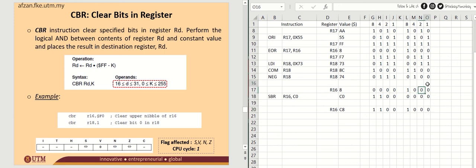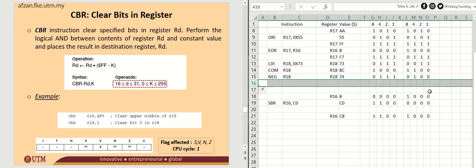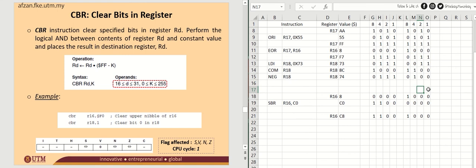These are the bits 0, 1, 2, D0, D1, D2, D3, D4, D5, D6 and D7.